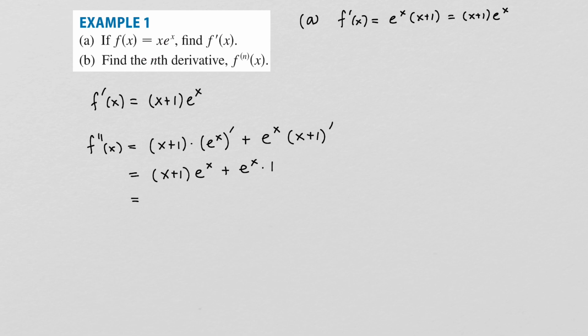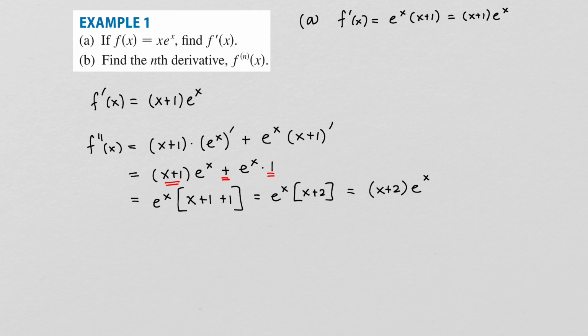So now if I factor out e to the x, what I have left over is x plus 1 plus 1, which of course is x plus 2. So my second derivative I can rewrite as x plus 2 times e to the x.